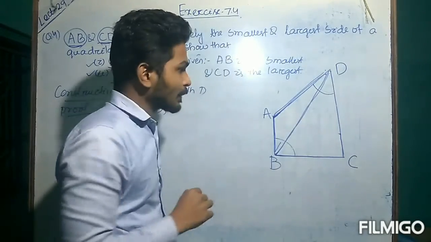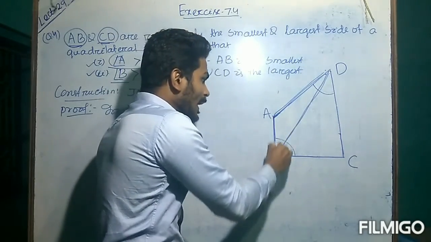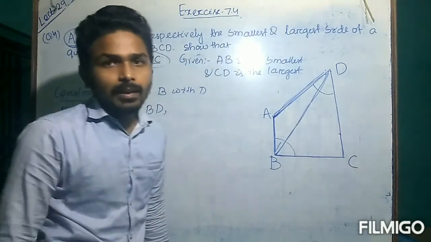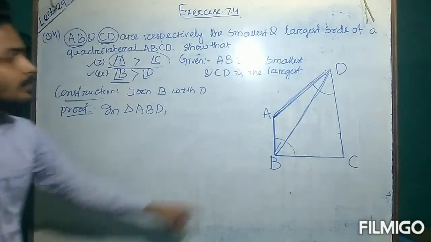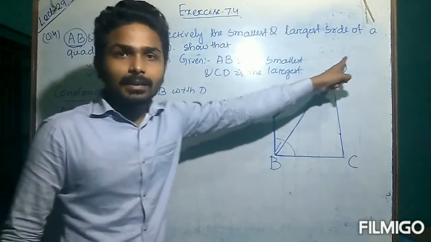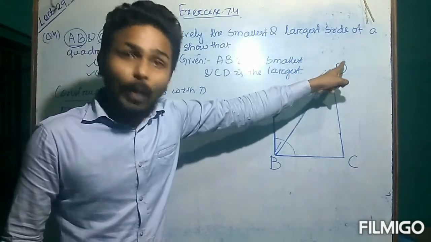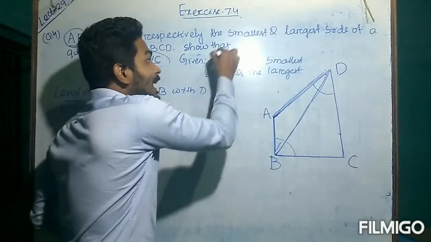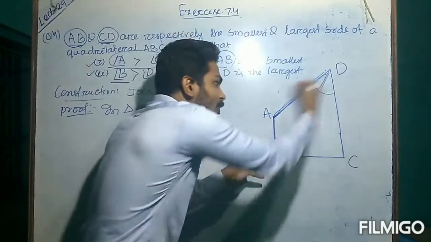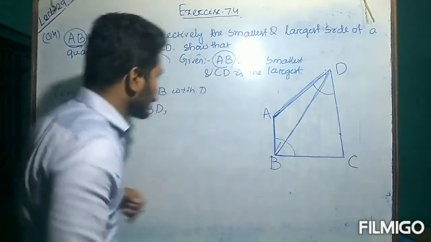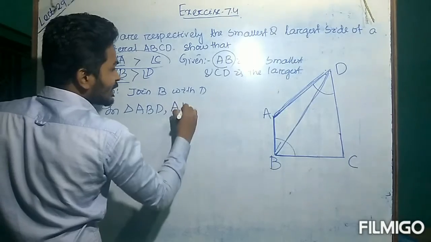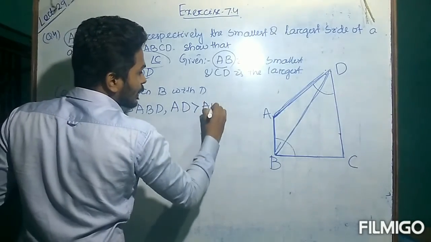Let's compare them. Now tell me, between AB and AD, which side is the larger side? AD is the largest side. Why? Because it is already given that AB is the smallest out of the 4. So no doubt AD is larger than AB. Simply we can write AD is greater than AB.